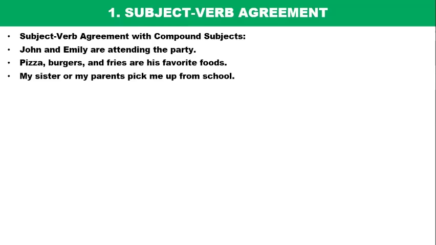Now you will see that my sister is singular, my parents is plural, but here we are applying the rule of proximity. The subject that is nearer to the verb is plural, and that is my parents. Right? My parents pick me up from school.